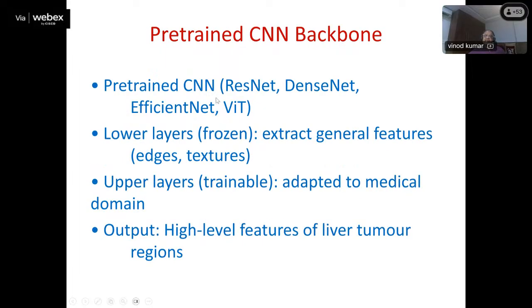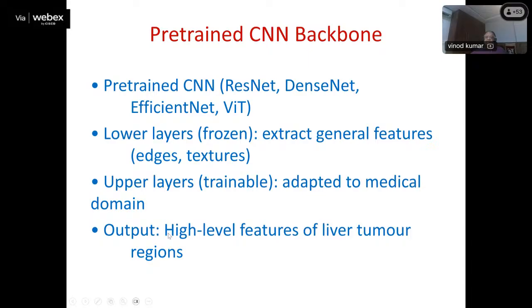In the pre-trained CNN network, the earlier layers were frozen, where the general features like edges and textures were extracted, and the last few layers were adapted to liver images. So the output in that case becomes high-level features of the liver tumor.